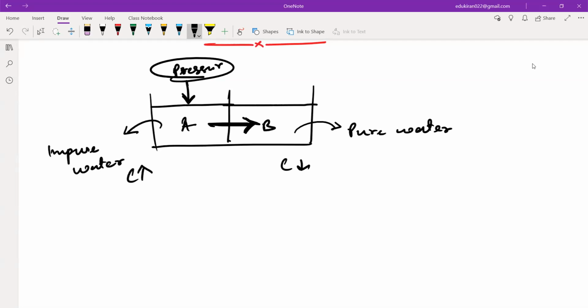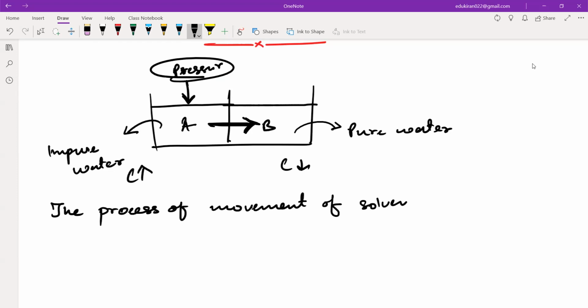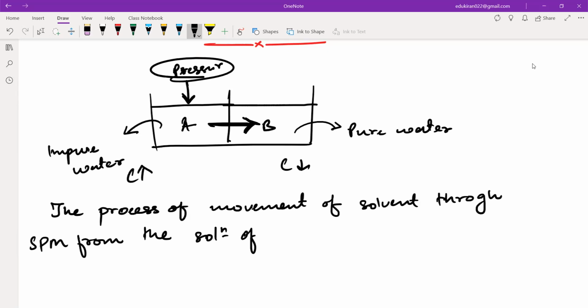Write the definition of reverse osmosis with me: the process of movement of solvent through a semi-permeable membrane, SPM, from the solution of higher concentration to the solution of lower concentration.